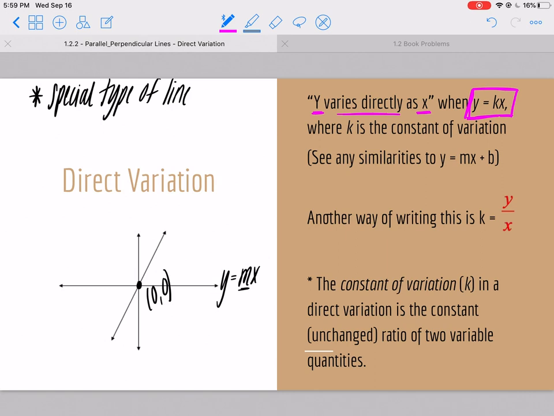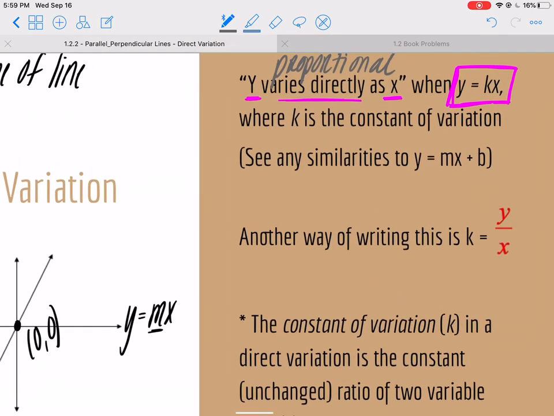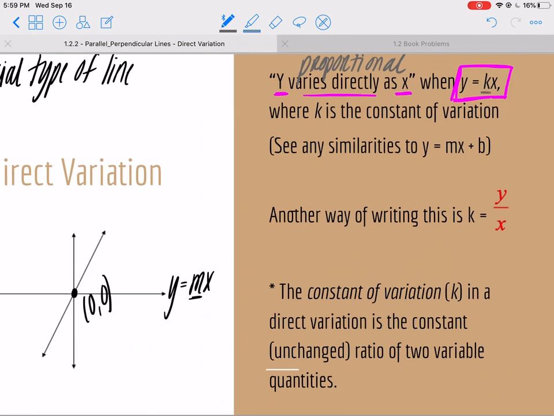So it varies directly, or another terminology that you'll see is it is proportional to x. And this k value right here is just in place of m. We want to call it something a little bit different since it's a slightly different type of line. It's a special type of line. So k is just the constant of variation.